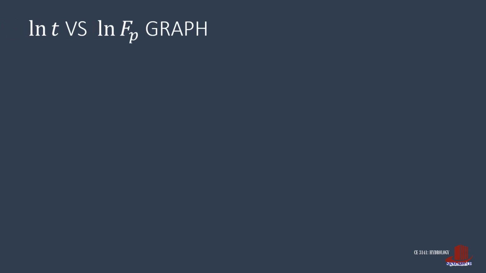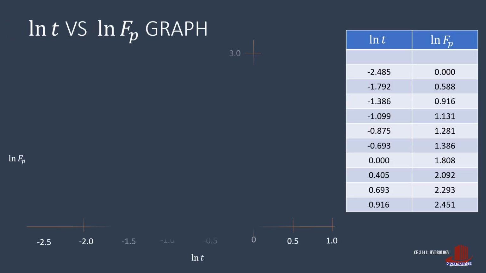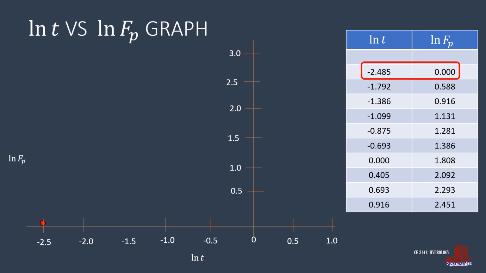After completing the two columns, we can then graph ln of t with ln of Fp. From the reconfiguration earlier, x is ln of t and ln of Fp is y. The first point is at negative 2.485 and 0, followed by negative 1.792 and 0.588. The next is negative 1.386 and 0.916. Then negative 1.099 and 1.131.